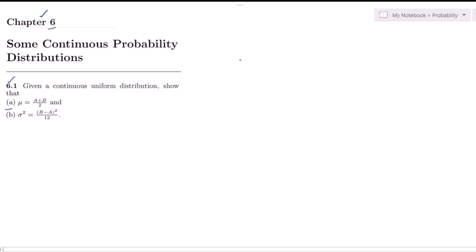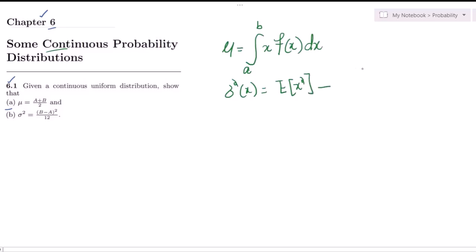Let me write the formulas for mu and sigma square. For a continuous probability distribution we know that mu is the integral from the lower limit to the higher limit of x multiplied by f of x dx. And sigma square of x is E of (x minus mu) whole square.